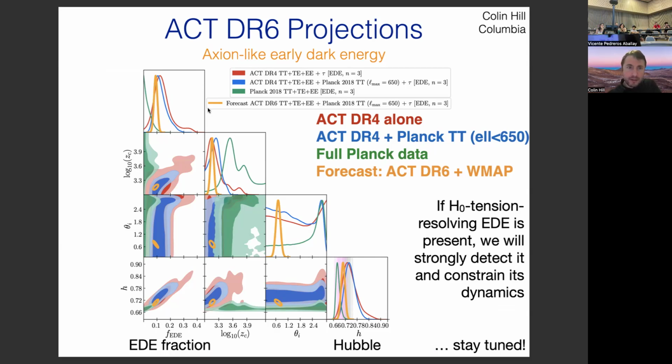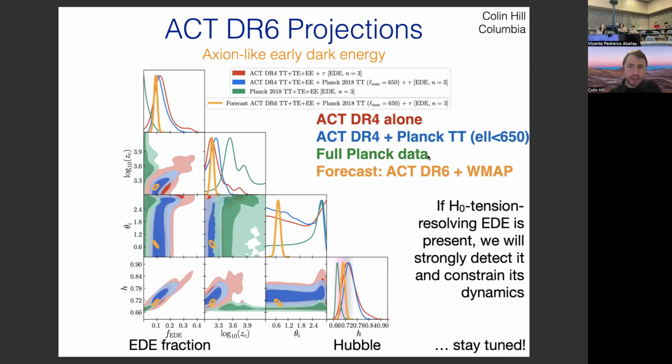From ACT DR4, the previous data a few years ago, there was a hint of a non-zero value here. That hint was still present if we use just a slice of the Planck data in temperature only on large scales, which fills in missing large scales that we don't see from the ground with ACT. That's the blue result, and again, it seems to hold up some evidence of this EDE.